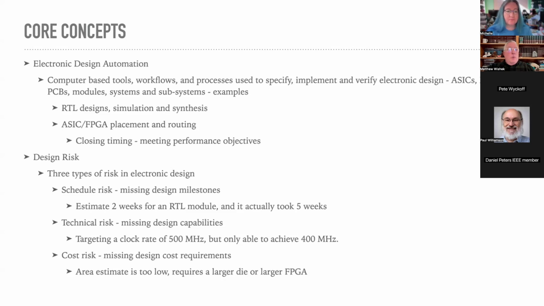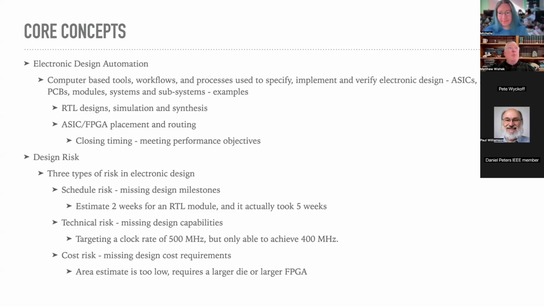Another thing that's important is to understand what the risks are. When we're developing digital systems, we really see three types of risk. The first is schedule risk. We set schedules and say we're going to accomplish various milestones at certain points, giving dates to them, lines in the sand. And we sometimes misestimate and things take longer than we intended. This is kind of the norm.